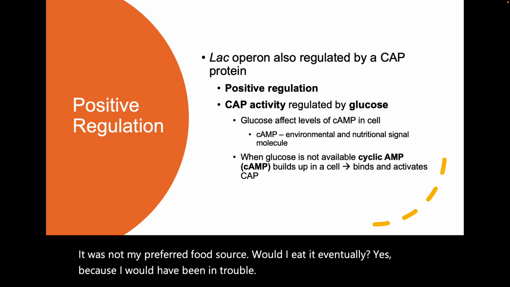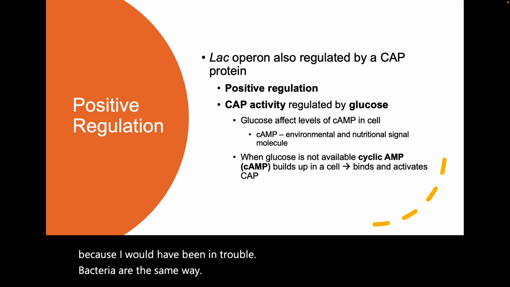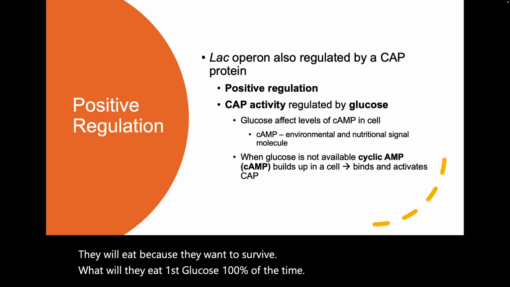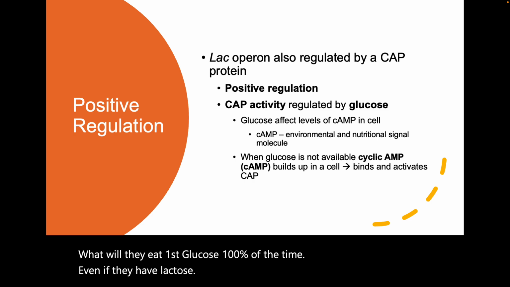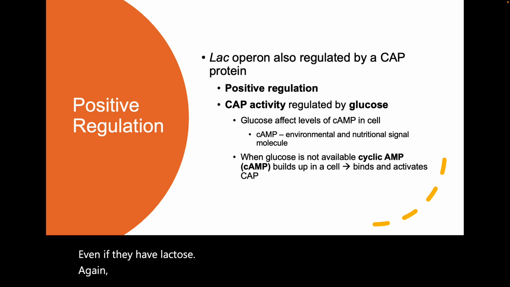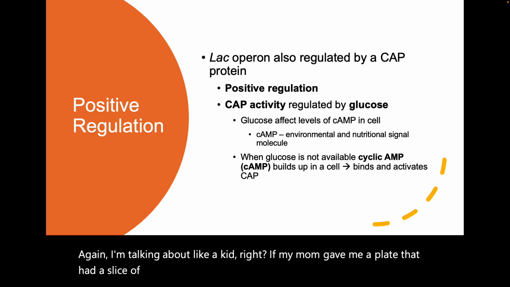Bacteria are the same way. They will eat because they want to survive. What will they eat first? Glucose, 100% of the time. Even if they have lactose. Right? Again, I'm talking about like a kid. If my mom gave me a plate that had a slice of chocolate cake and broccoli, duh, I'm going for the chocolate cake.